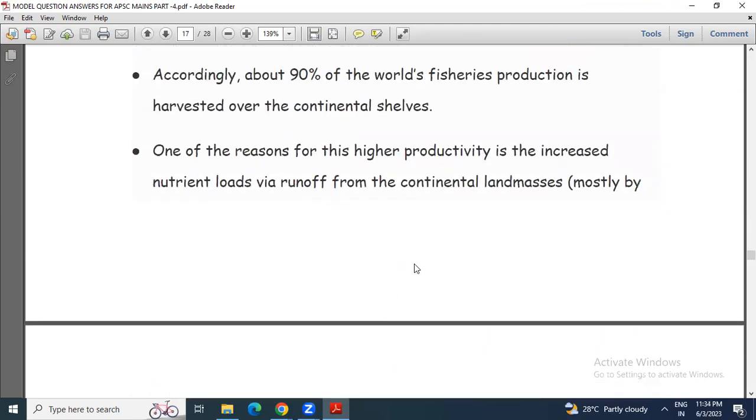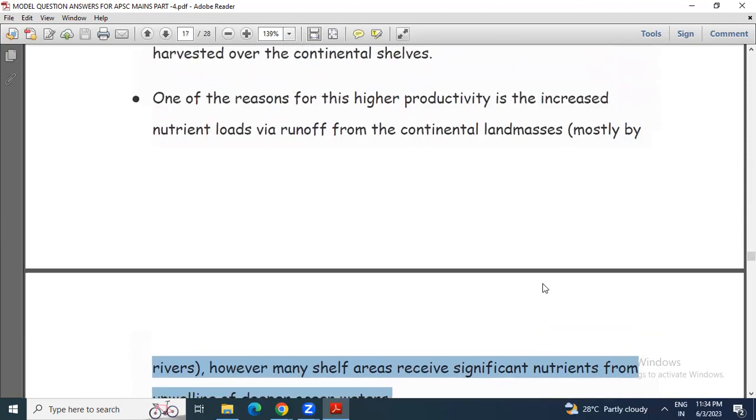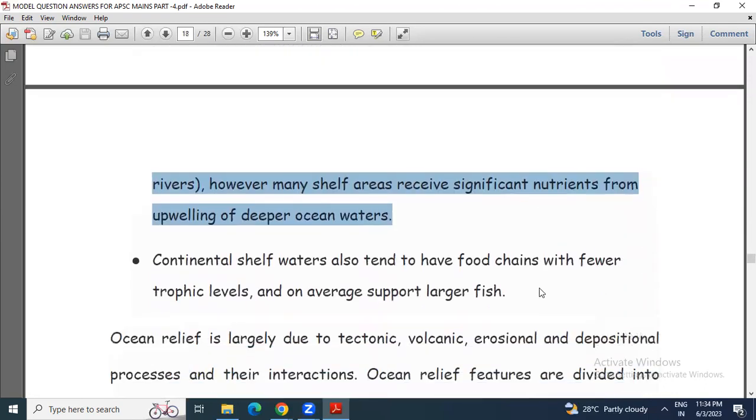One more reason is the upwelling of deeper ocean water. What I have said, upwelling of deeper ocean water, also brings significant nutrients to this continental shelf region.